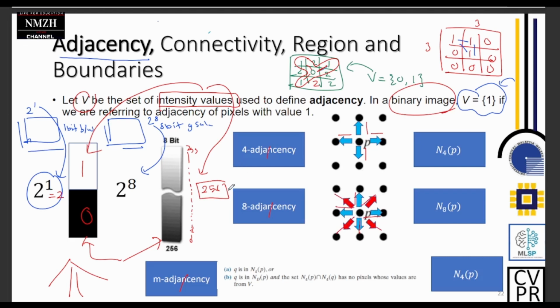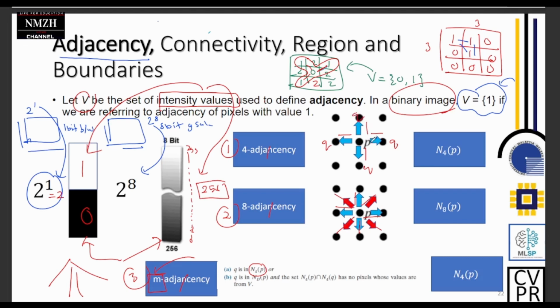As for m adjacency, this one is the first type, this one is the second type, and this one is the third type. The special thing about m adjacency is that q is in N4(p), so q is basically here.